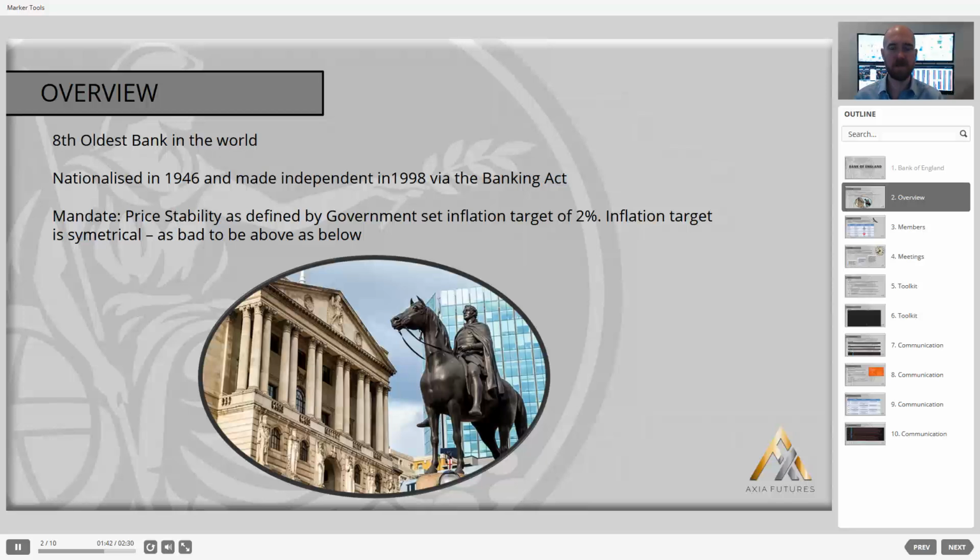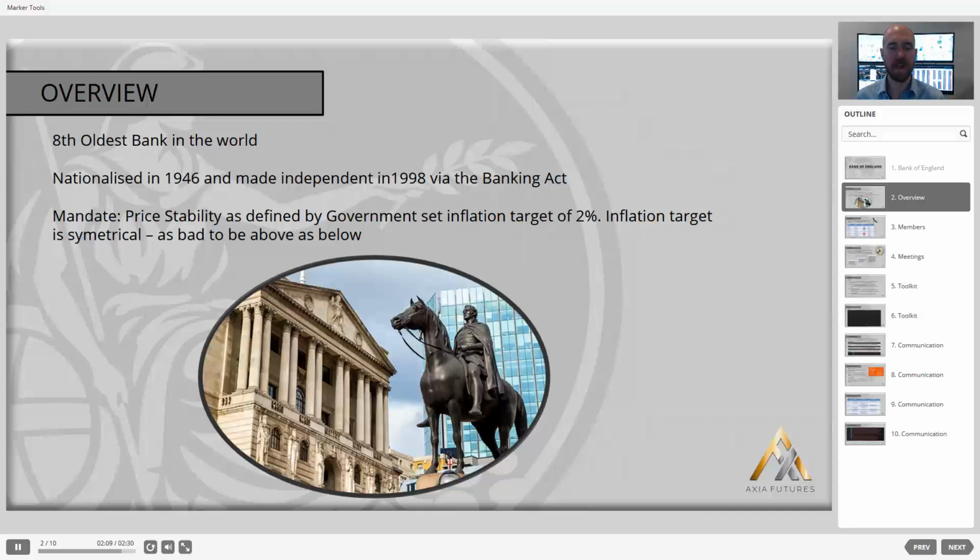Therefore, any time we have inflation in the UK below 2%, theoretically the Bank of England should be expanding monetary policy to create that additional inflation to get us back to 2%. Conversely, above 2%, and monetary policy should become more contractionary, drawing inflation back down towards the 2% target.